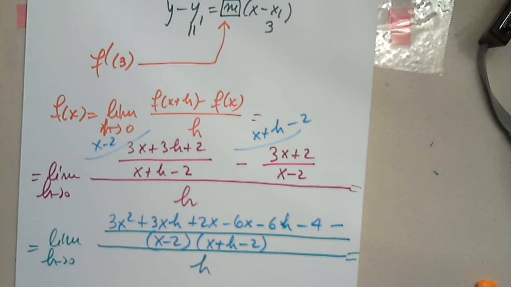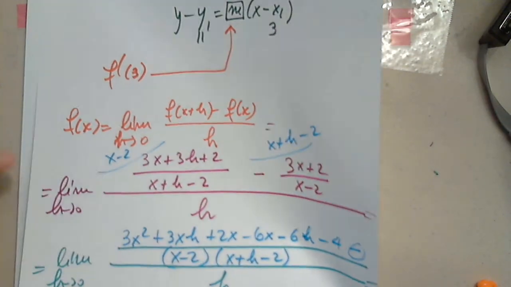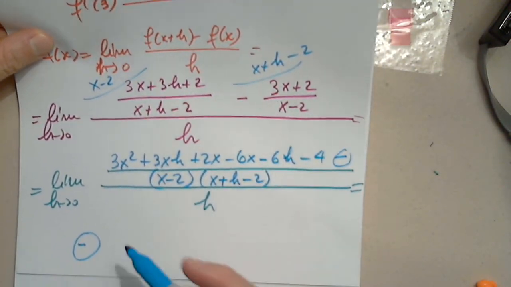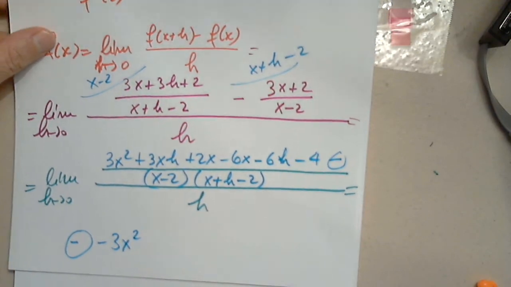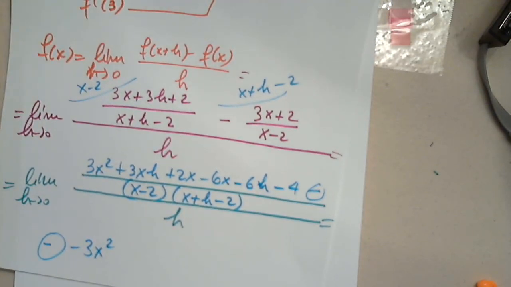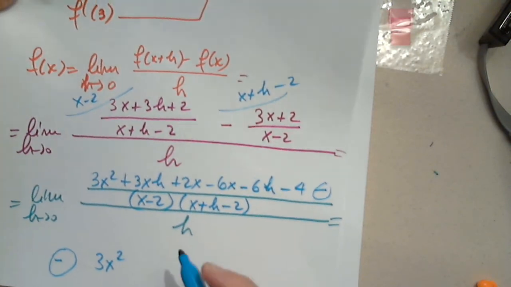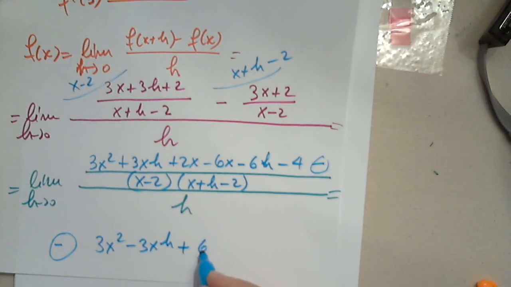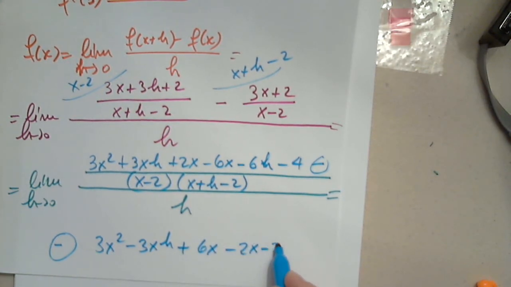And minus, I will continue here. Negative 3x times x, negative 3x squared. It's very clear, it's there already. And then negative 3xh, and then positive 6x, and minus 2x, and minus 2h, and plus 4.